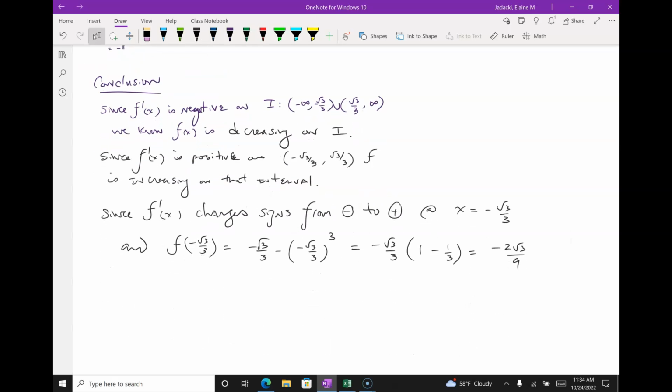So I find the y value in the original function f. Even though I'm using the second derivative to test, when I want to find the local min or max, I have to go to the original function. I think I got that right.